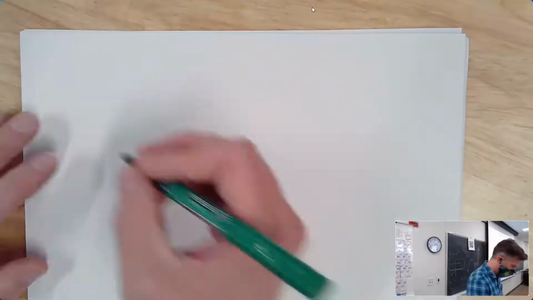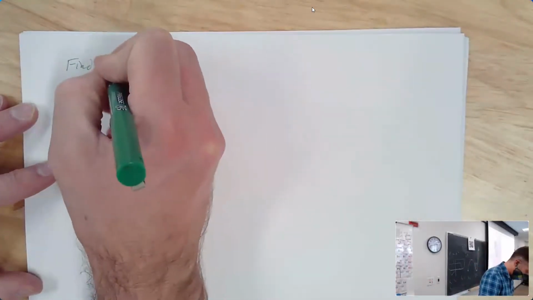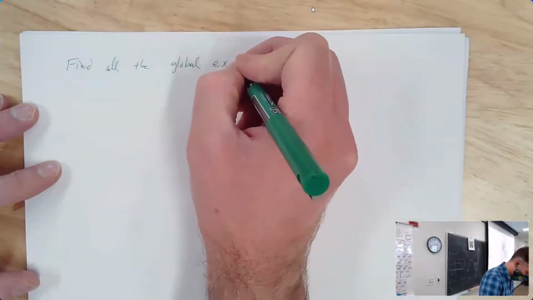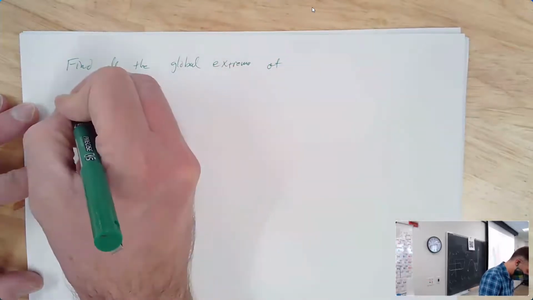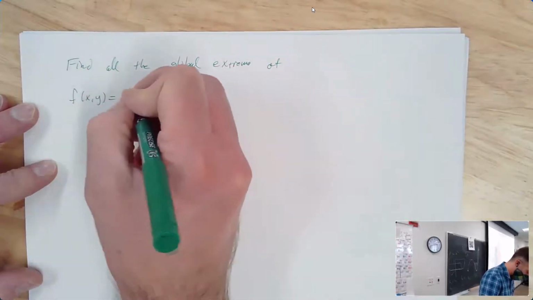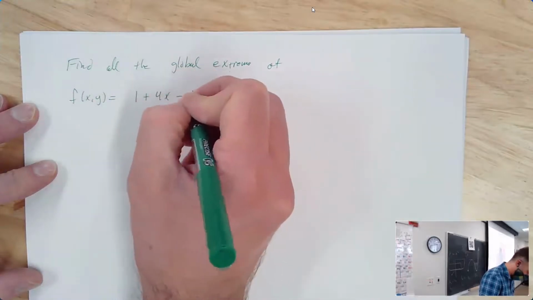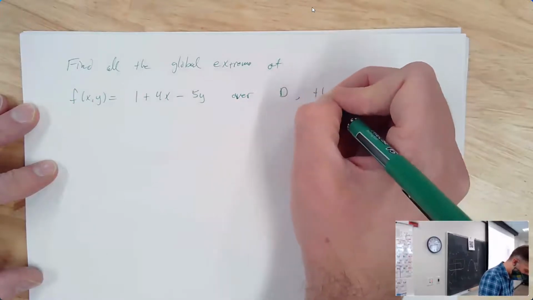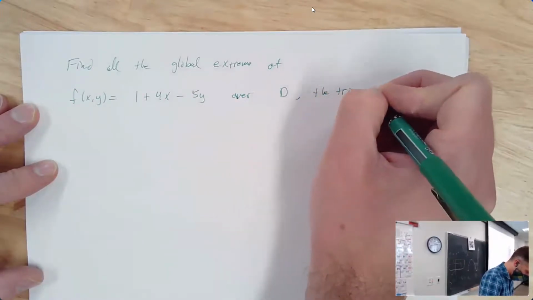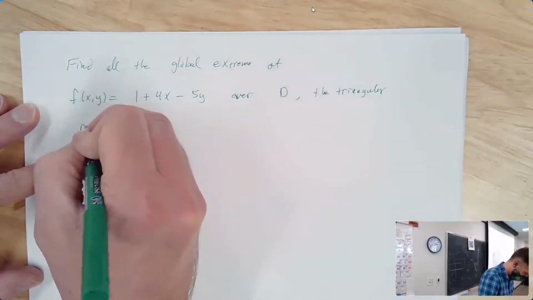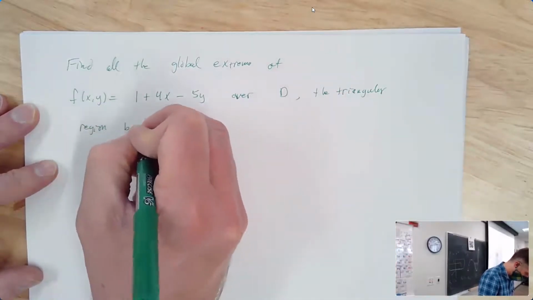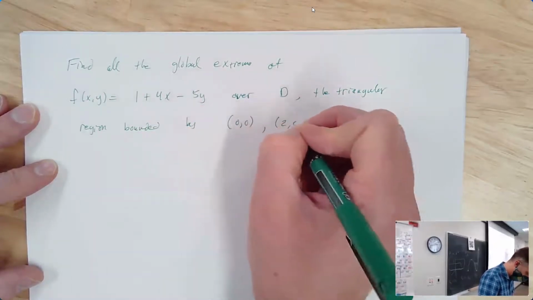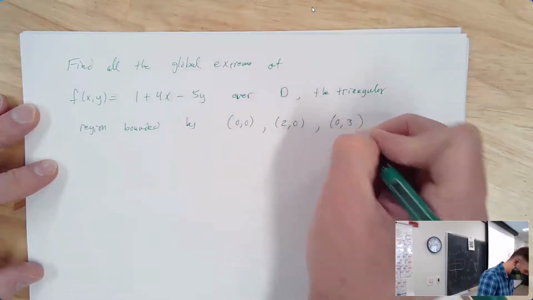Now we want to find all the global extrema of this function f(x, y) equal to 1 plus 4x minus 5y over the region, which is going to be the triangular region bounded by the following 3 corners: (0, 0), (2, 0), and (0, 3).